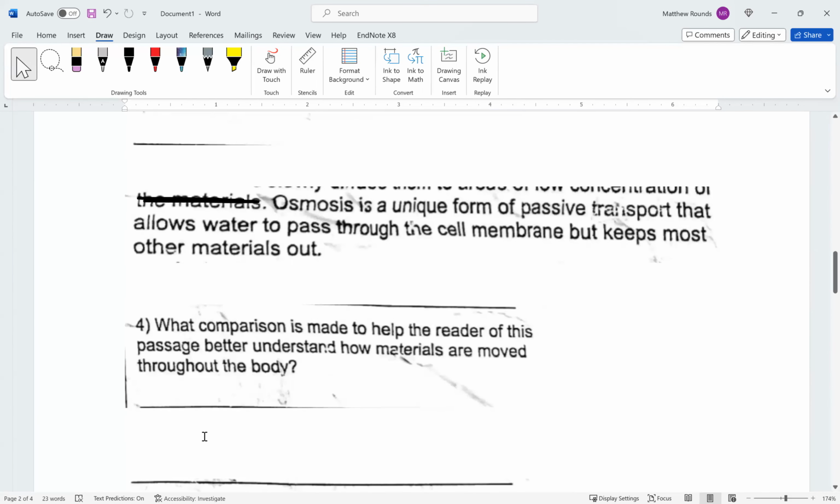So we would say the comparison is made to a fleet of trucks. Well, this is the answer to the question. Do you agree with that or not? Yeah. Okay, then we probably should write it down if it's the answer to the question.